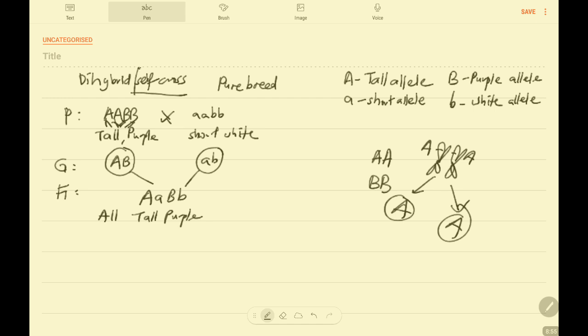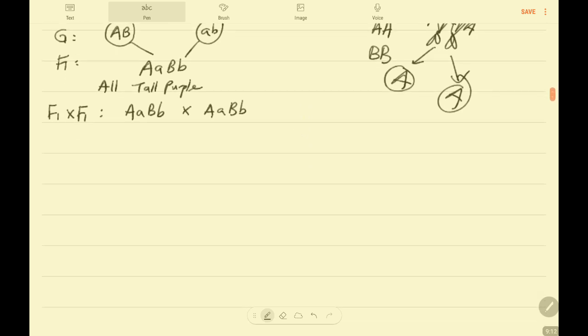So now to conduct a self-cross, we must cross F1 with F1. So big A, big A, big B, small b, cross with big A, big A, big B, small b. Okay, so next, we come up with the gametes.